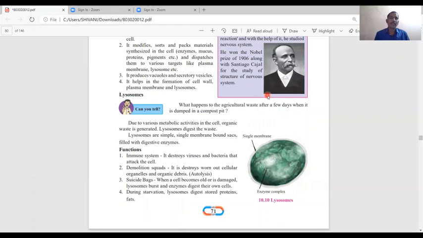Now, another important cell organelle, the name of which is lysosomes. Can you tell me what happens to agricultural waste after a few days when it is dumped in a compost pit?